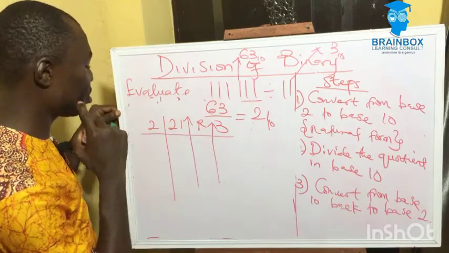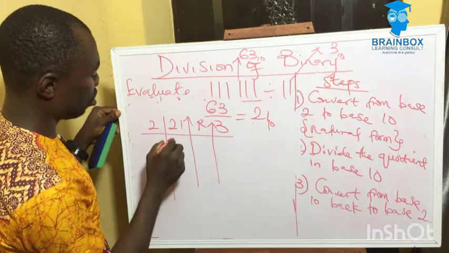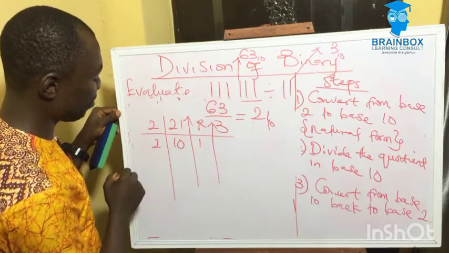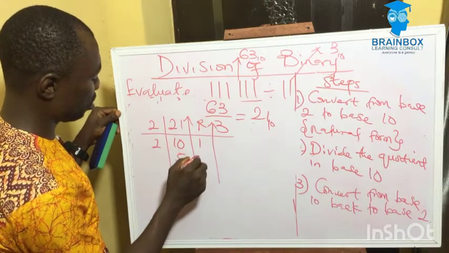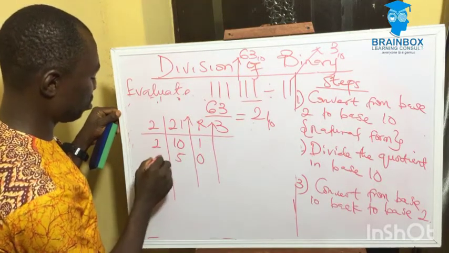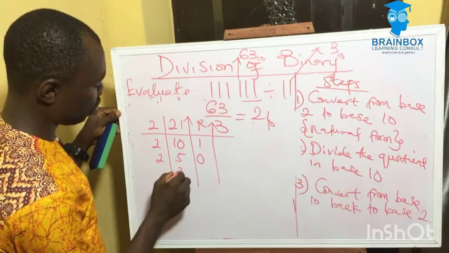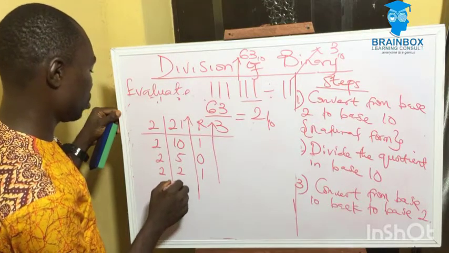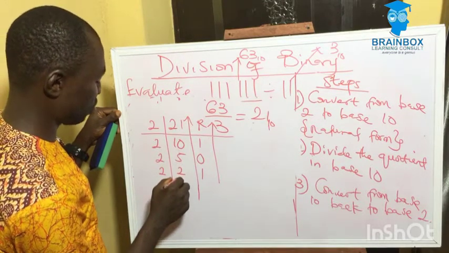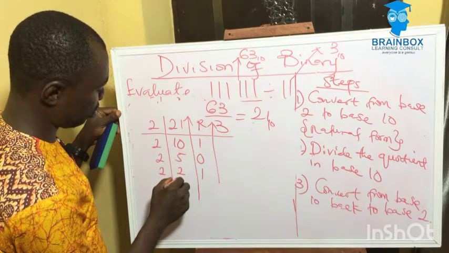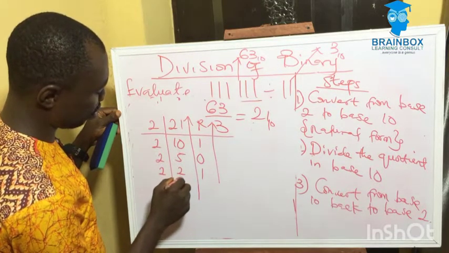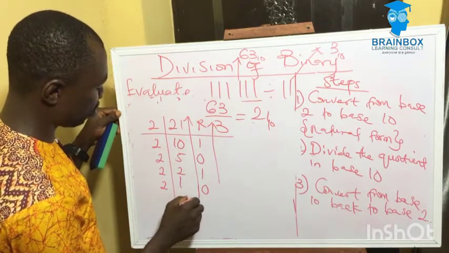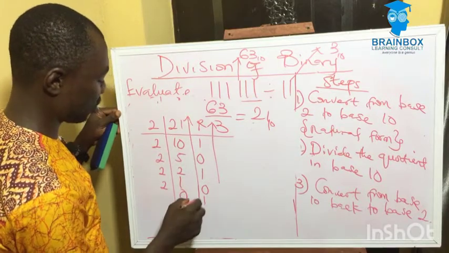Now 21 divided by 2, we have 10 remainder 1. 10 divided by 2, we have 5 remainder 0. 5 divided by 2, we have 2 remainder 1. 2 divided by 2, we have 1 remainder 0. 1 divided by 2 is 0 remainder 1.